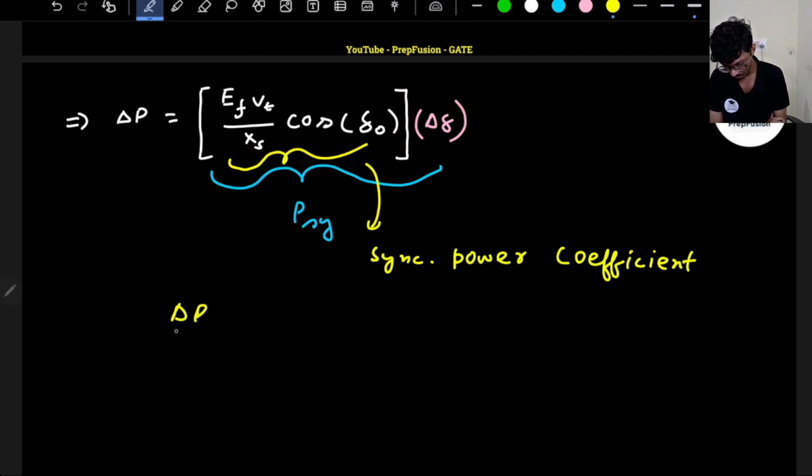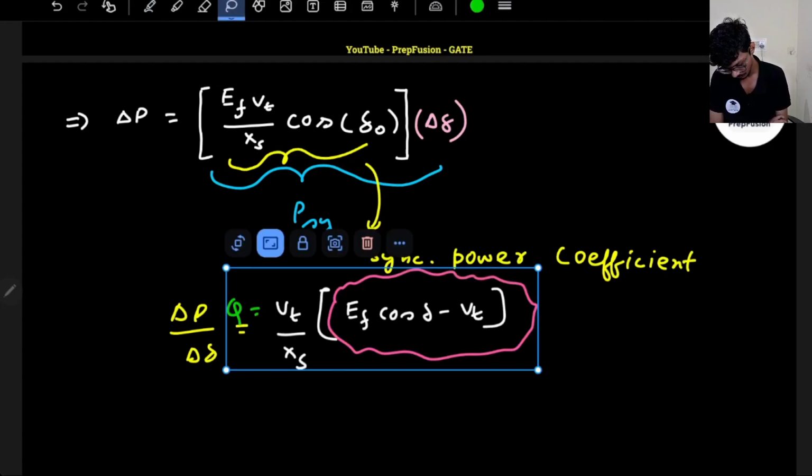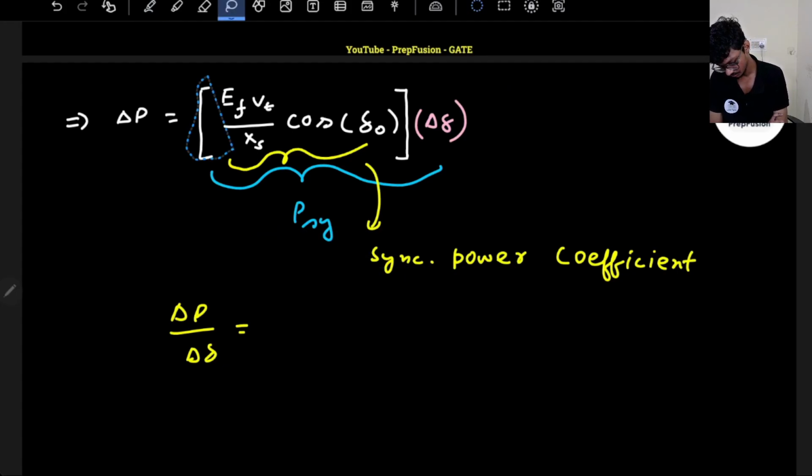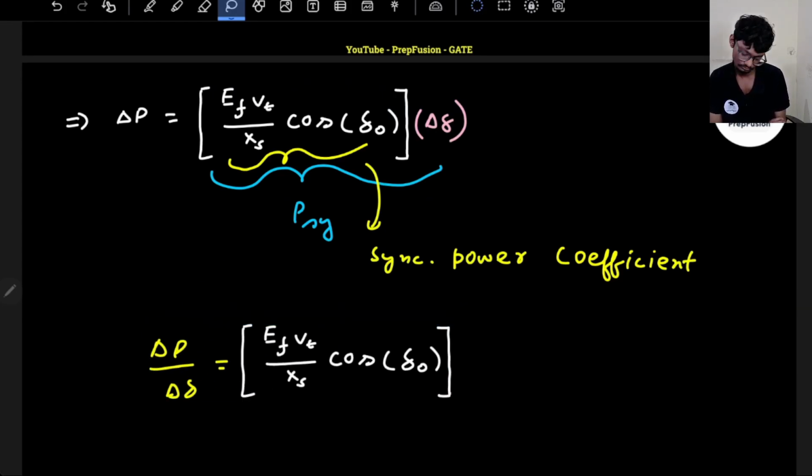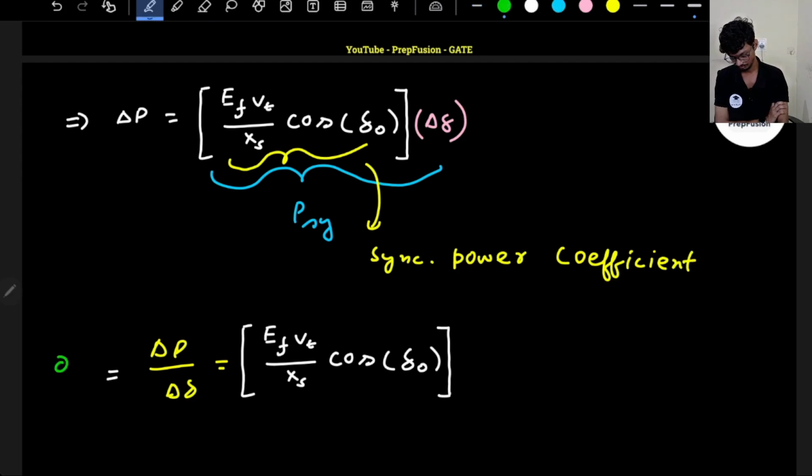So it is basically delta P upon delta delta. Okay, from here I hope it is now clear.